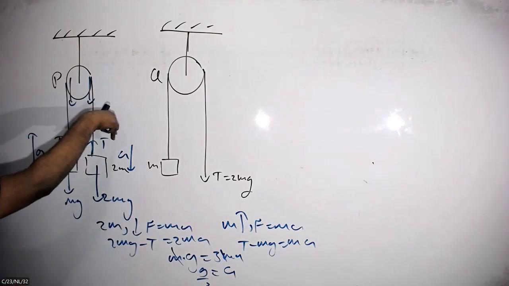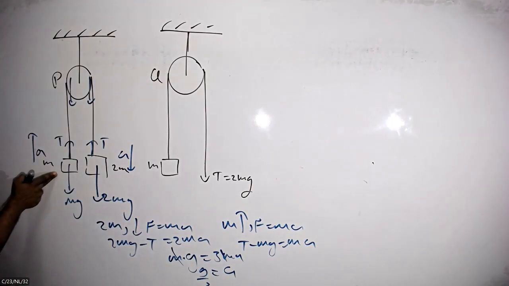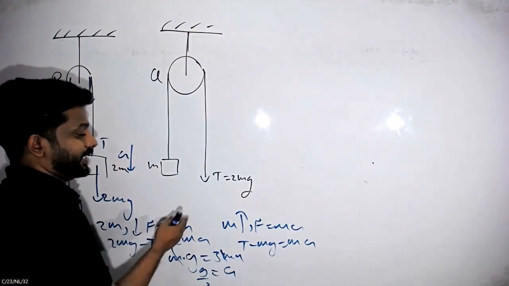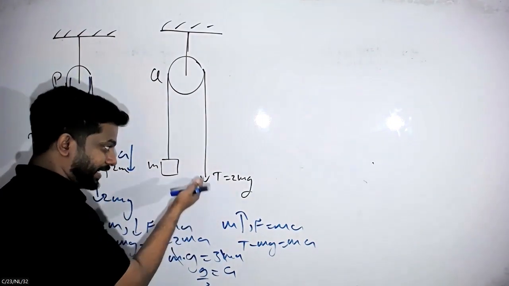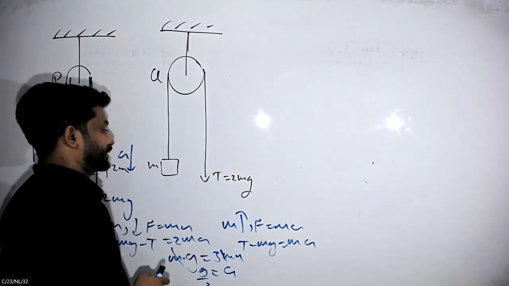The mass accelerates at g over 3 in the downward direction, and the other accelerates at g over 3 in the upward direction. In the second diagram, you can identify that the tension of the string is equal to 2mg, because the force is applied directly to the string.